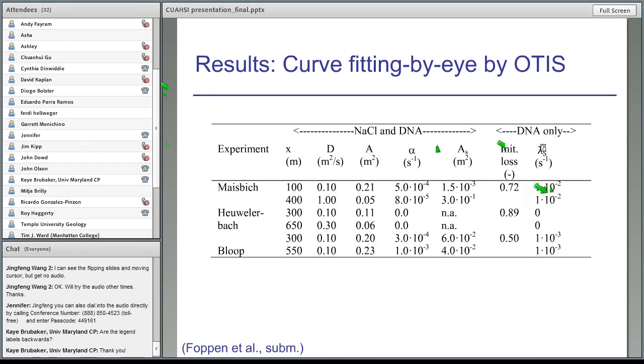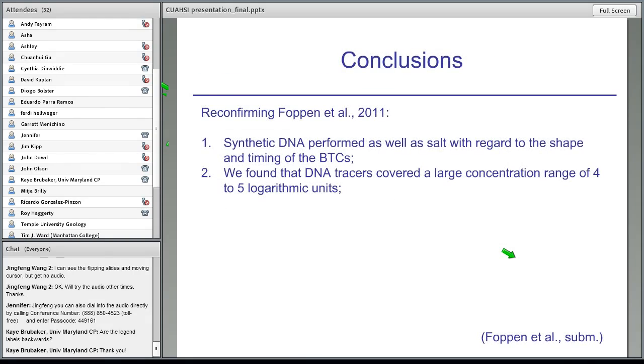So in MySpeak, we needed that to have a better fit of model and measured data. In Heuvelbach, we did not need that, and in the B-lobe, we also needed such an absorption coefficient. We also had to include initial losses, otherwise in the models we would have had too much DNA transported.